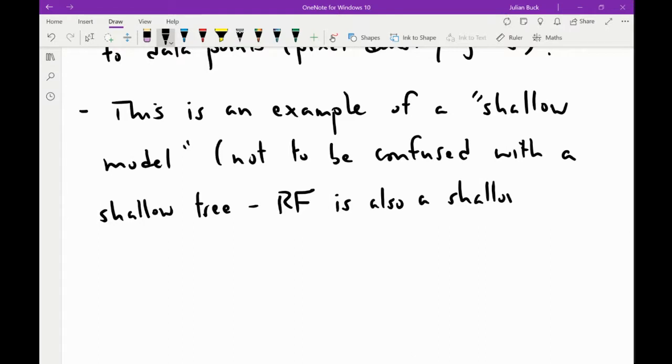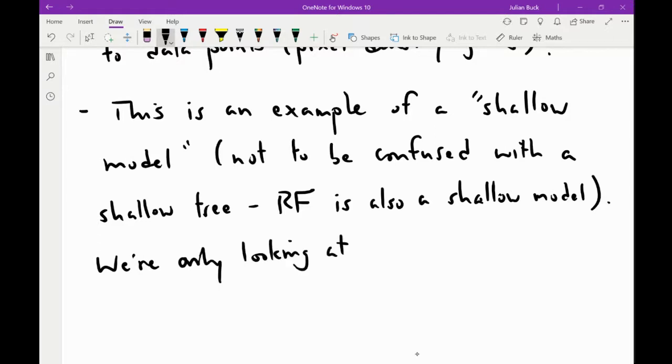In fact, everything we've talked about so far, anything else you've probably seen elsewhere, would be what we call a shallow model. What we mean by this is we're only looking at one representation of the feature space.